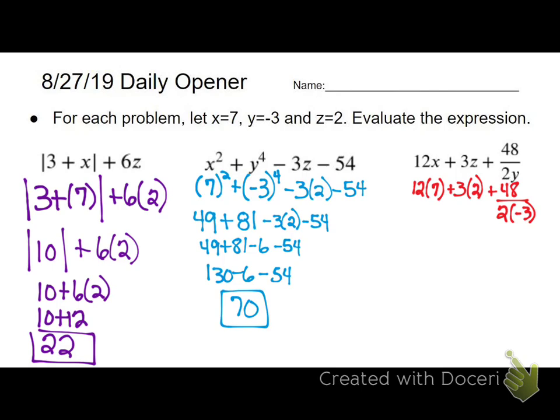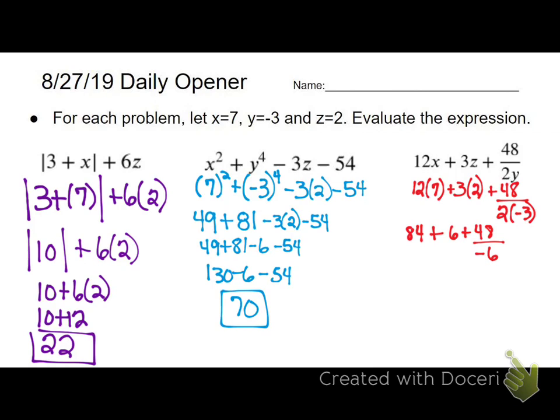Instead of making you guys rewrite each step, let's do all the multiplication in one step now. So what's 12 times 7? 84. So we have 84 plus 3 times 2 plus 48 divided by, okay, what's 2 times -3? -6. Okay.